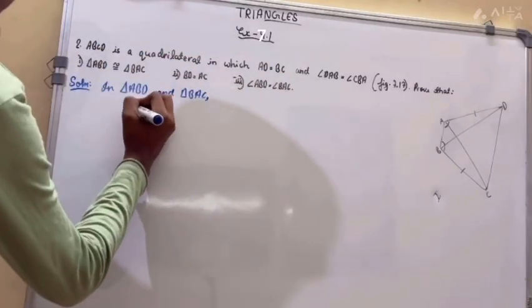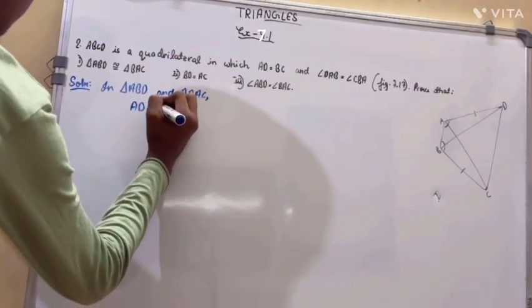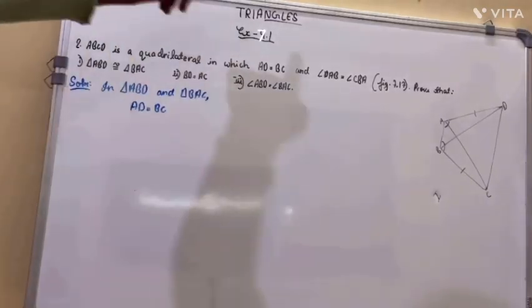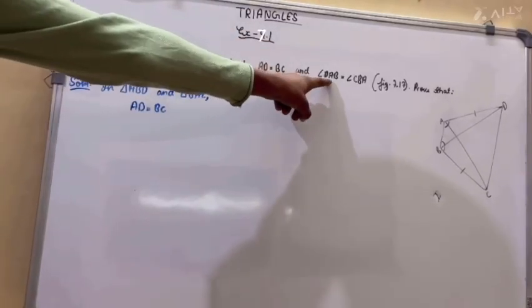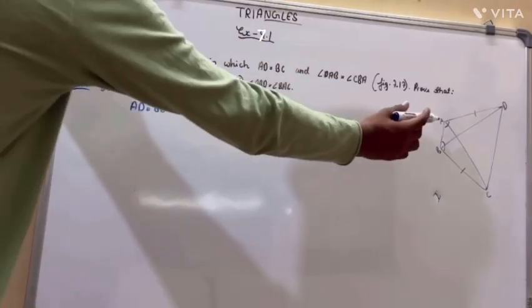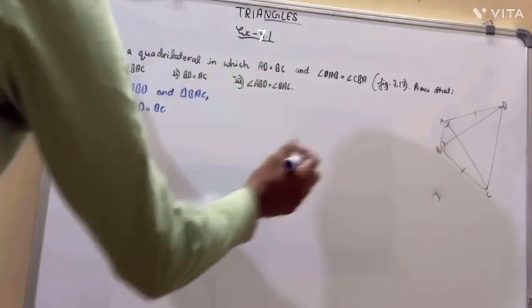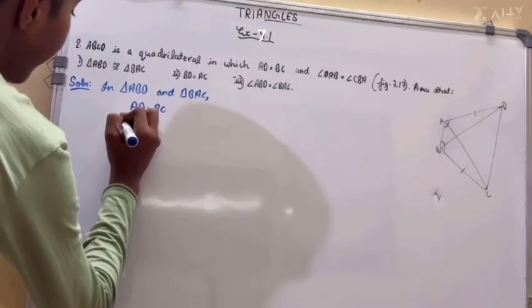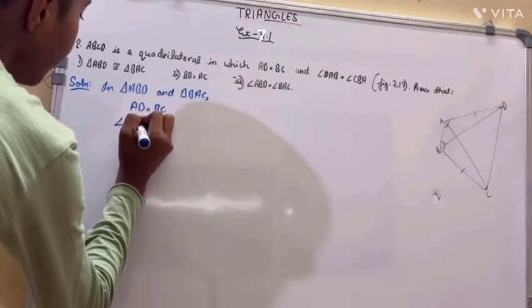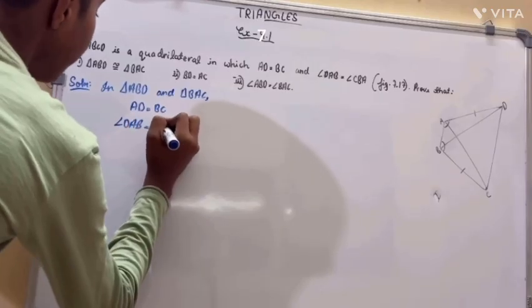So we can say AD is equal to BC, and it is given that angle DAB is equal to angle CBA. This angle is equal to this angle. So we can say that angle DAB is equal to angle CBA.